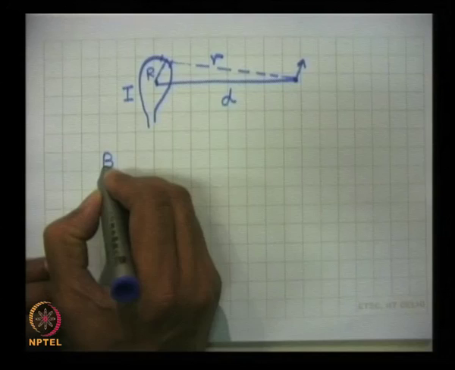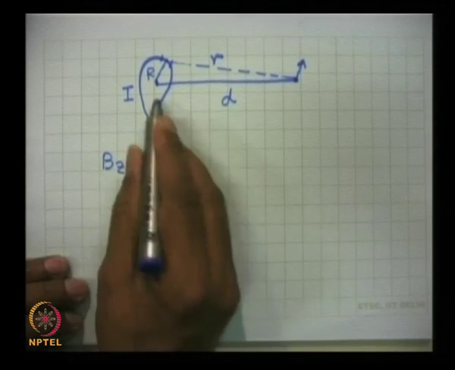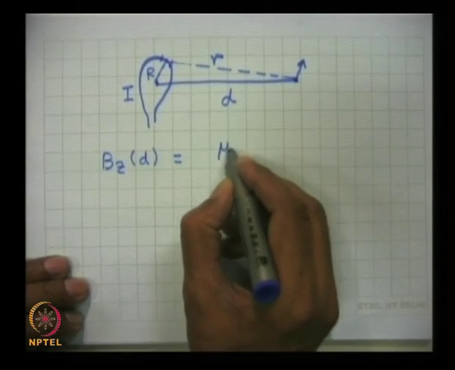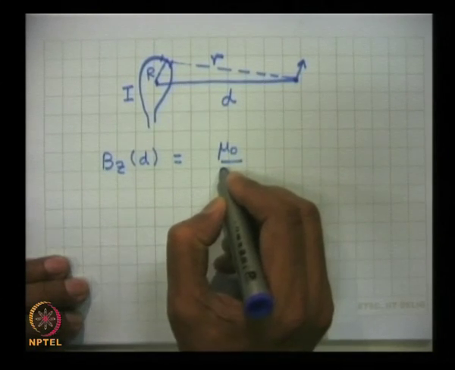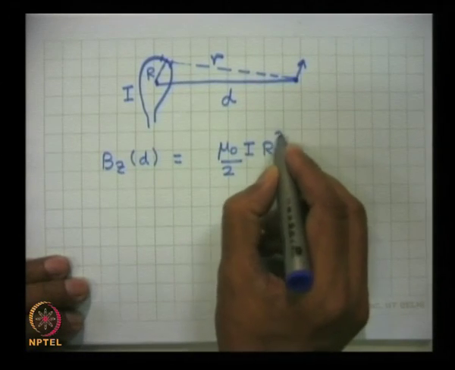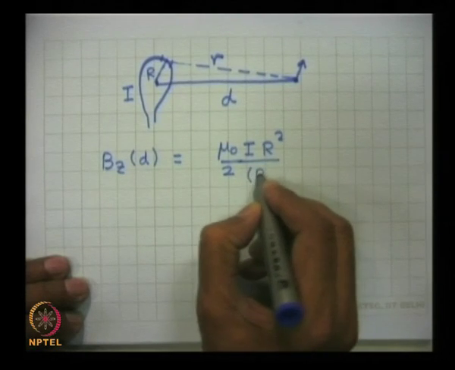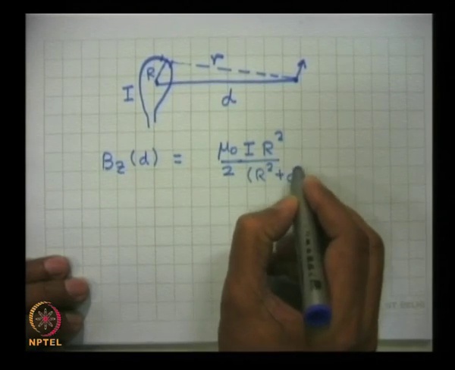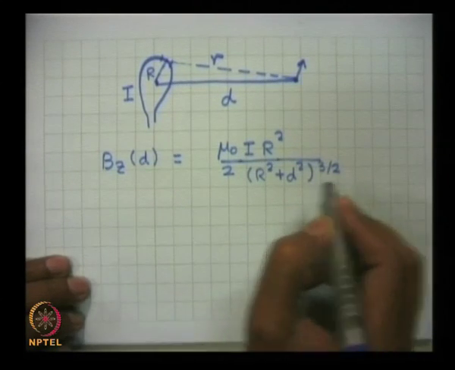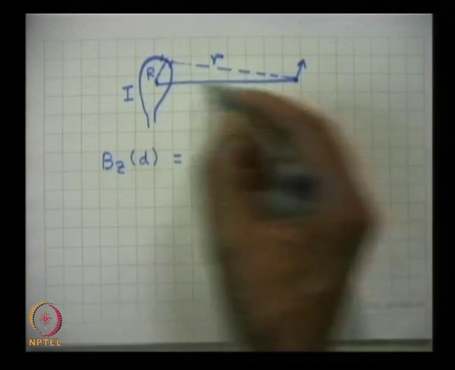Bz at a distance d from the coil is equal to mu 0 upon 2 times I r square divided by r square plus d square to the power 3 by 2. This is the magnetic field which is axial, on the axis of the machine.